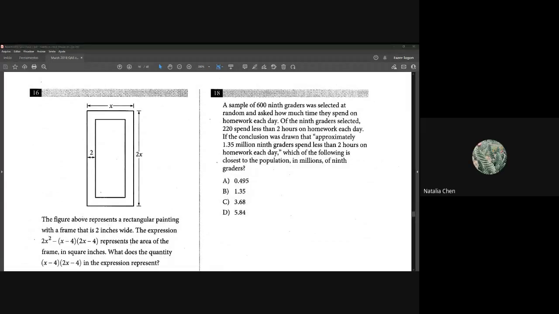A sample of 609 ninth graders was selected at random and asked how much time they spend on homework each day. Of the ninth graders selected, 220 spend less than 2 hours on homework each day.